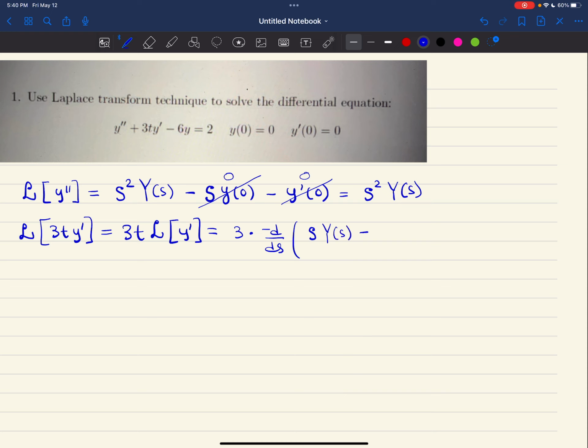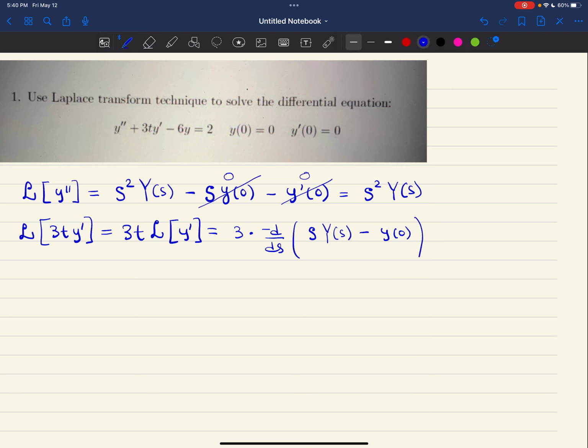So minus, the powers of s would also reduce, so now you just have y of 0. You wouldn't have y prime because when we had y double prime, we only went up to y prime. Because we have y prime, we're only gonna go up to y. We're not gonna put y prime, okay?